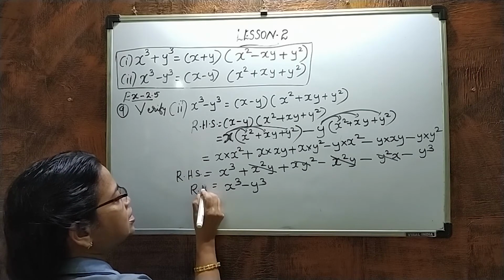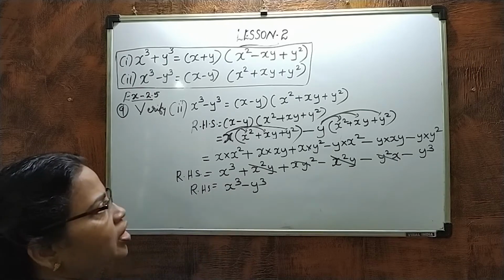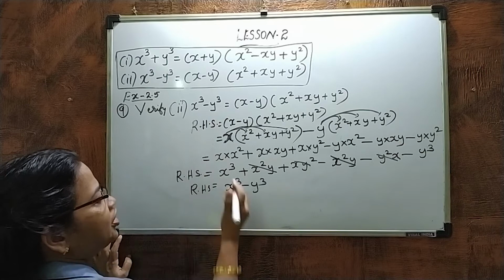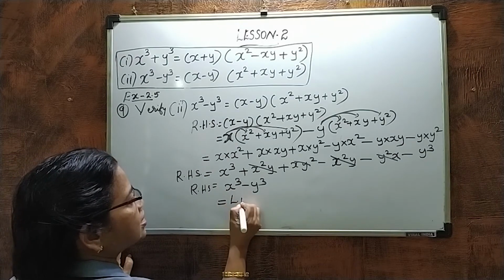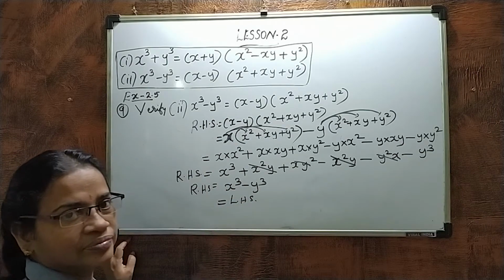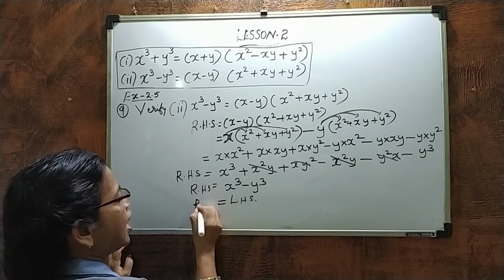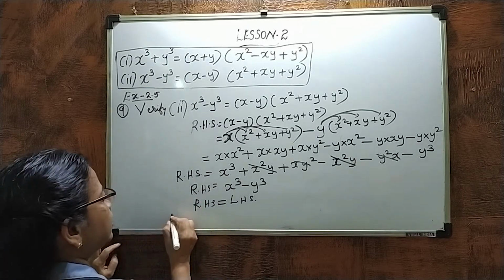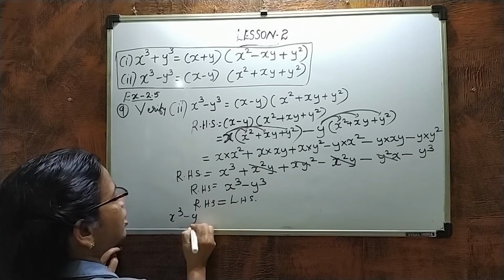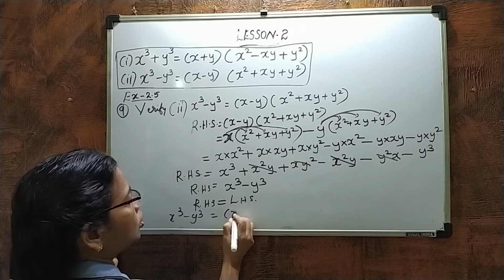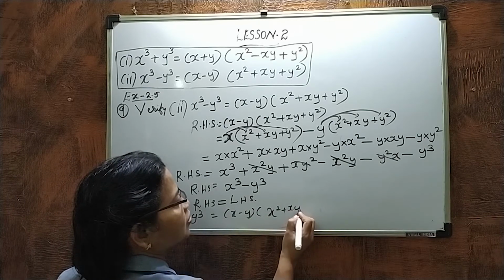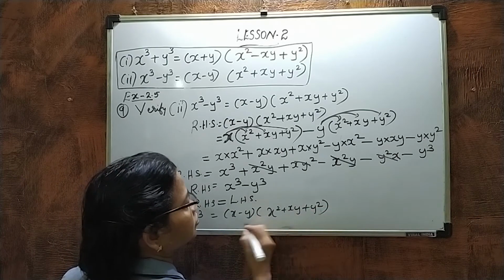So RHS is equal to x cube minus y cube, and this x cube minus y cube is what? It is LHS. That means RHS is equal to LHS. And then x cube minus y cube is equal to x minus y into x square plus xy plus y square.